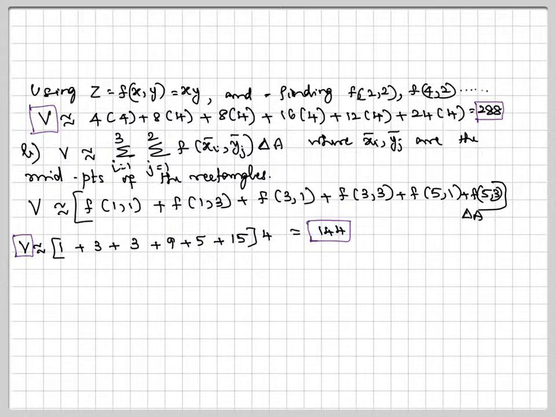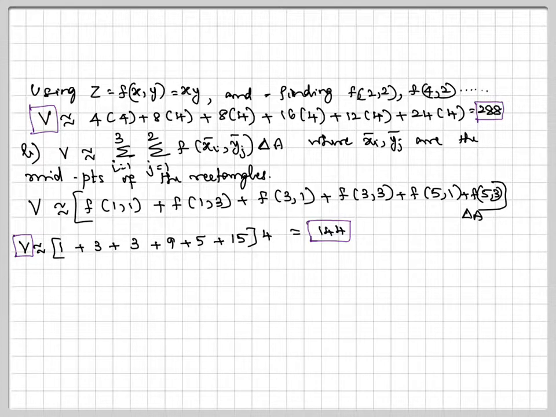So keep in mind, when we do this Riemann sum, what we actually evaluate is the volume under the surface above the region, if the entire surface is above the xy-plane.